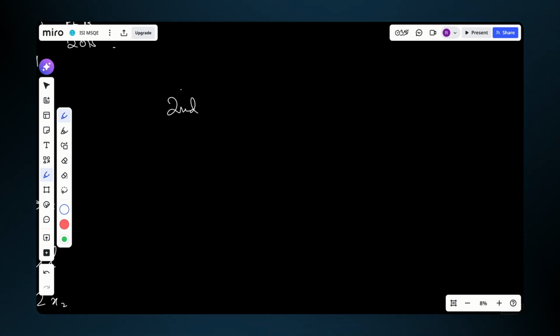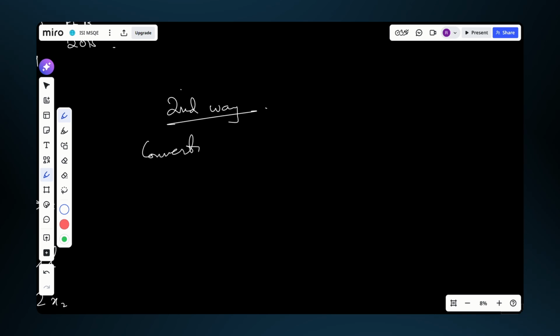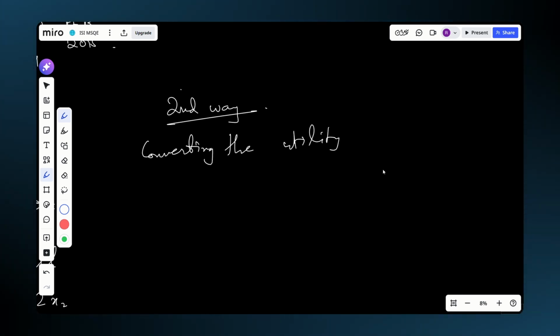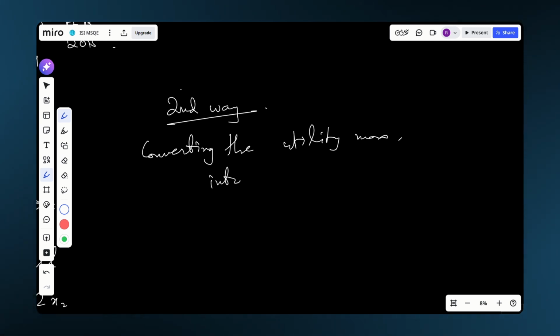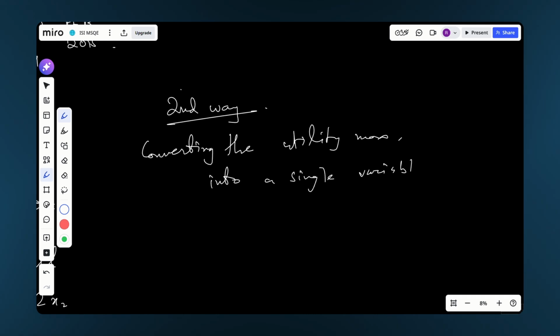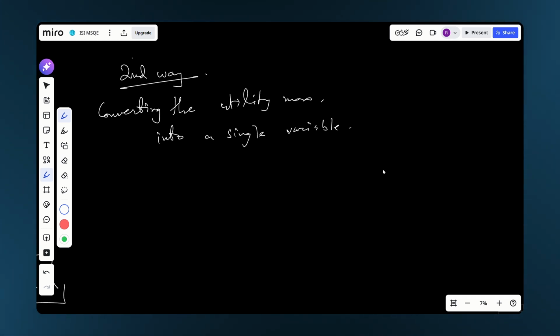The other way, which I will be focusing on in this video, is converting the utility maximization problem into a single variable. This is my objective today.